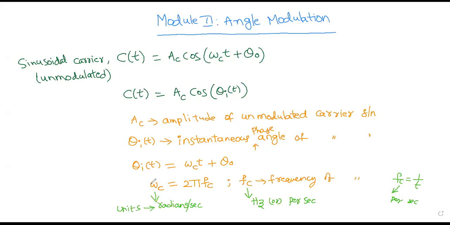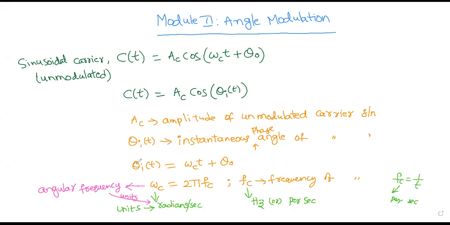What is omega_c, by the way? Omega_c is the angular frequency, and it is written as 2 pi into f_c, where f_c is the frequency of the unmodulated carrier signal.